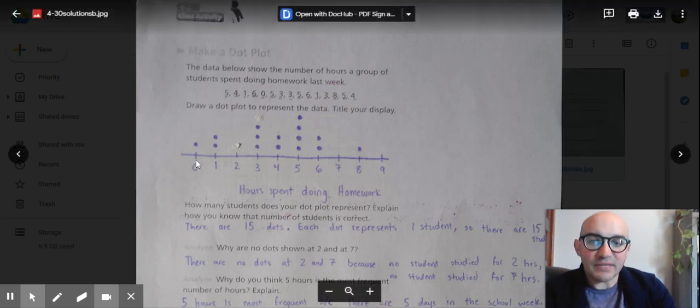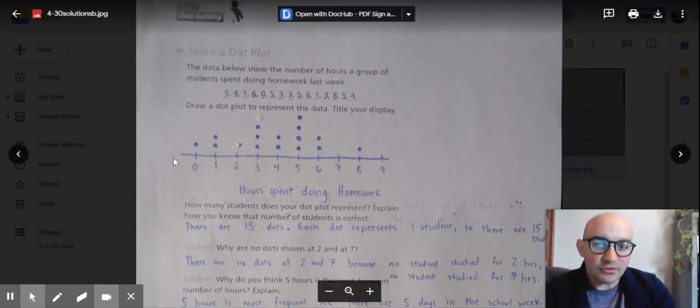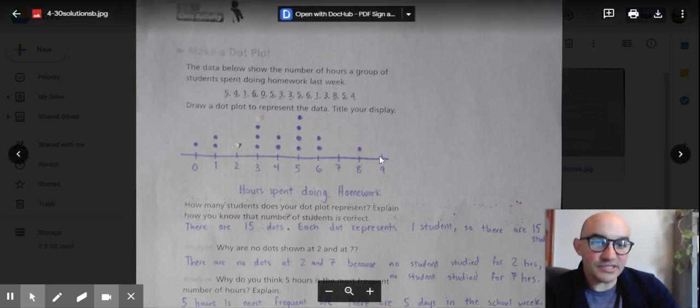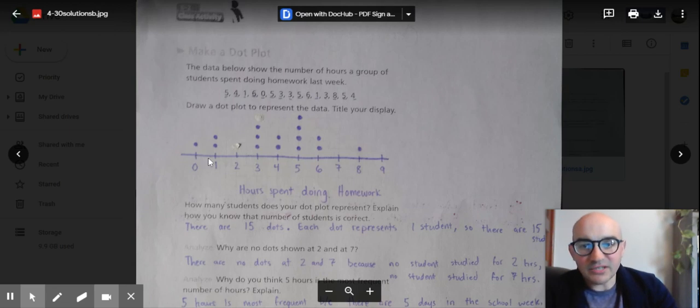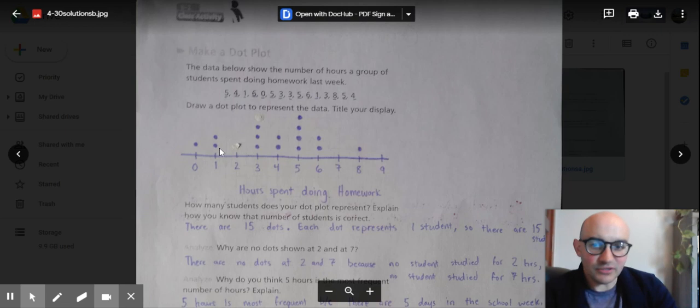So my dot plot needs to include all the numbers between 0 and 8. I can go a little bit larger and a little bit lower if I want to, just so that it looks nice on the page, but you don't need to go any farther since no one in this data set studied for 9 hours. Okay, so we make it 0 through, in this case, 8 or 9 if you want to go one farther.